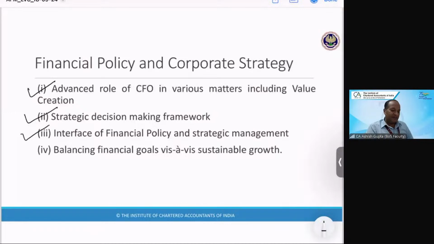Now, next is balancing financial goals versus sustainable growth. Today's class will concentrate on this sustainable growth rate topic also. What is sustainable growth rate? Sustainable growth rate is growth that can be maintained. Sometimes a company may grow in a very fast manner. Of course it is growing well, but sometimes it is not good. Why?